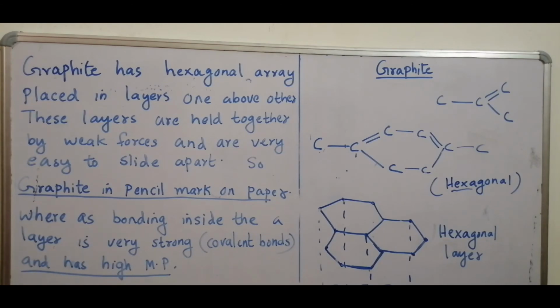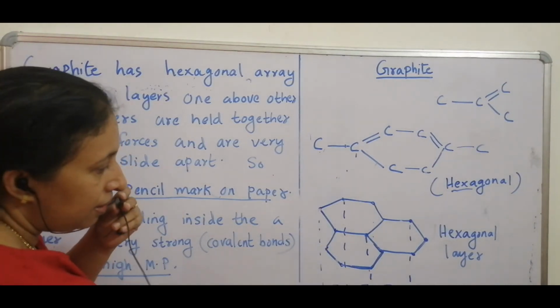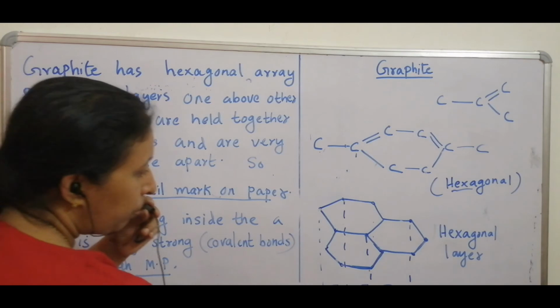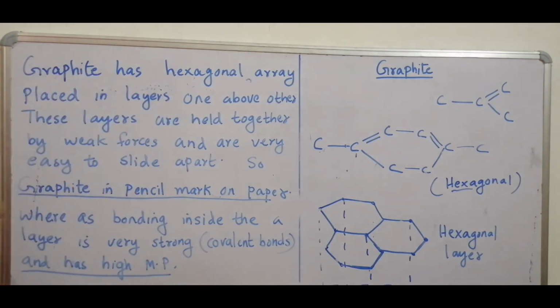Graphite has a hexagonal array-like structure. These layers are placed one above the other, and the layers are held together by weak forces and are very easy to slide apart. So graphite in a pencil marks on paper.